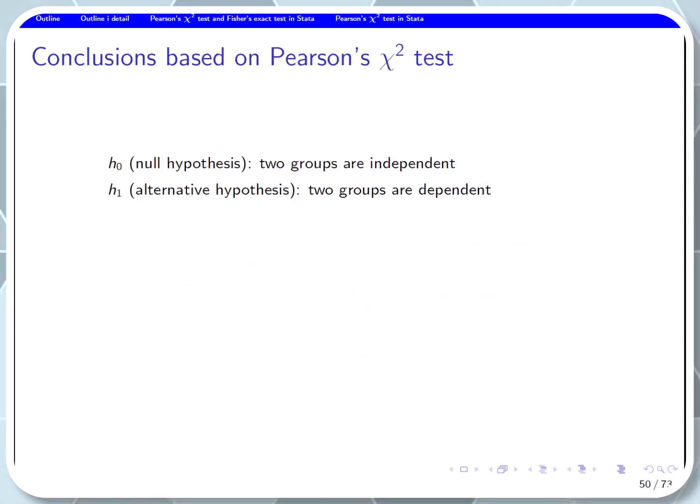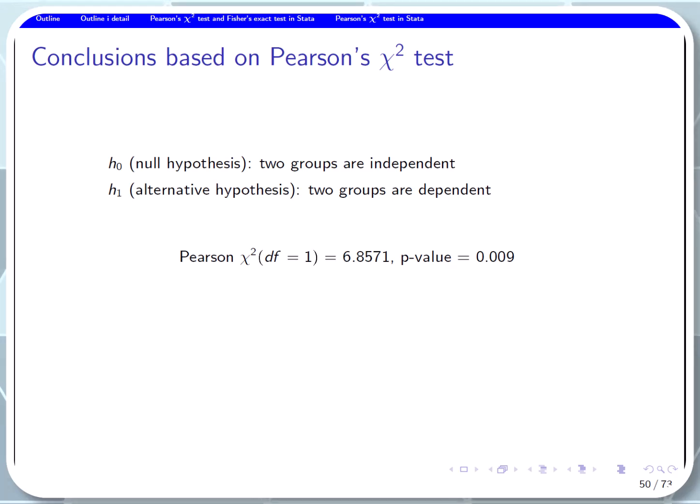Conclusions based on Pearson's chi-square test. Again, the null hypothesis: two groups are independent, or proportions of influenza are the same between the vaccine group and the placebo group. The alternative hypothesis: two groups are dependent, or proportions of influenza are different between the vaccine group and the placebo group.